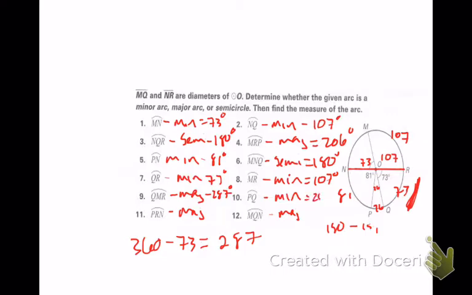PQ is that minor arc, which is 26. PRN, we can do the same thing, right? PRN is the entire circle except for this guy right here, PN. So we could take 360 and subtract 81 from it and get 279.